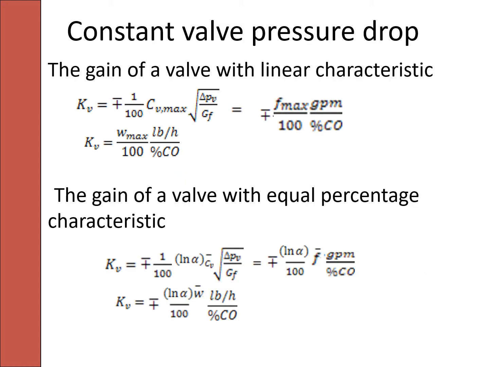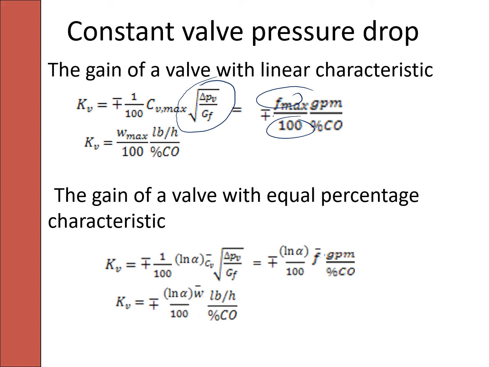Okay, next is the constant valve pressure drop. We have the value of gain just now. Basically, Kv will be equal to 1/100 Cv max times this one. The last formula would be max flow over 100.